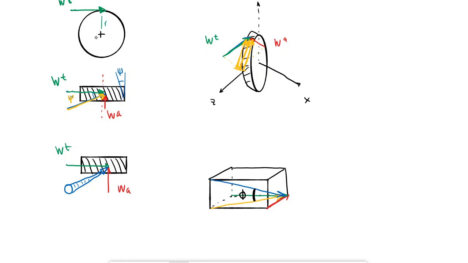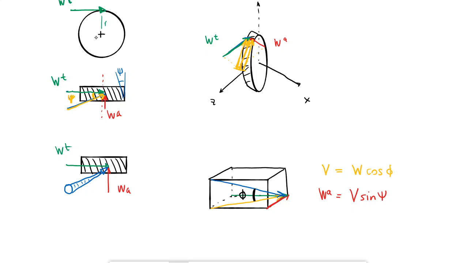I can see that the yellow vector, let's say a vector V, is the blue one, which is my full force, times cosine of phi. And if I want the red one, which is WA, this would be the yellow one times sine of psi, where psi is this.